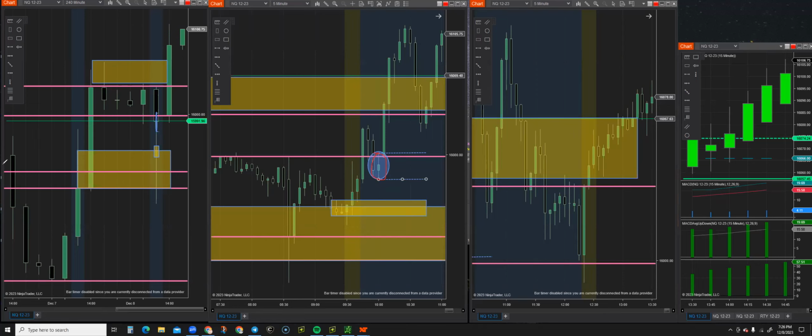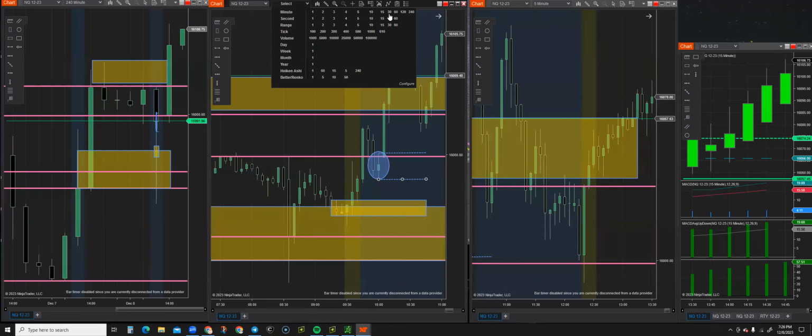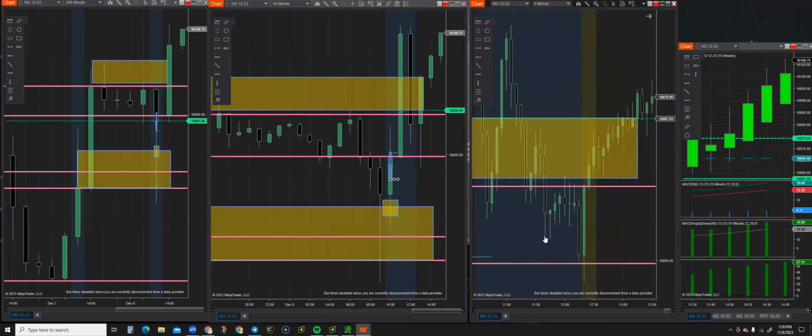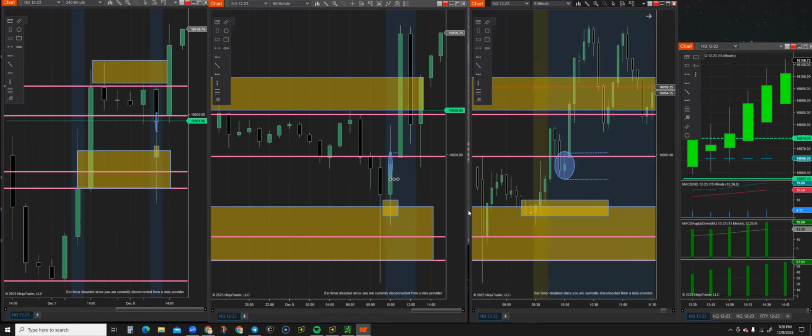Okay, so now the icing on the cake tonight is the 415. I'm gonna turn this back to a 60-minute chart, and we're gonna go to our entry chart over here. On that entry chart, just stick yourself a vertical line on it.